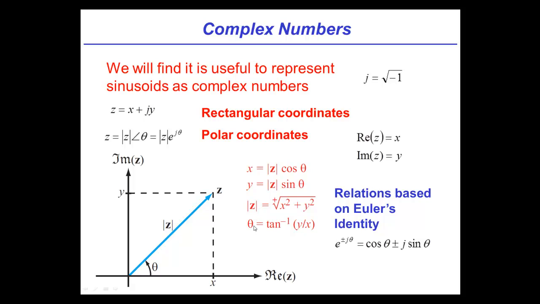You know that the opposite is y, the adjacent is x, so theta is going to be the arctan of y over x. So basically, if you get a complex number in either form, x plus jy, or magnitude and angle from the polar space, you can use these four equations to switch between the two forms.